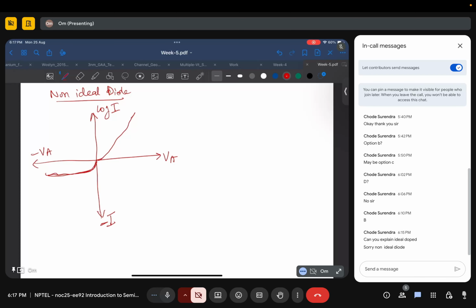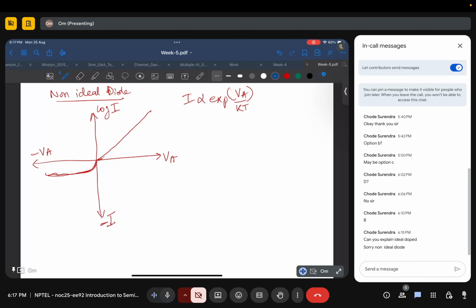So ideally, current is exponential, right? I is proportional to exponential of VA by kT. So if I draw log I versus VA, I should get a straight line. But that does not happen usually.